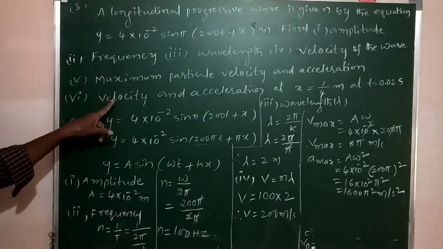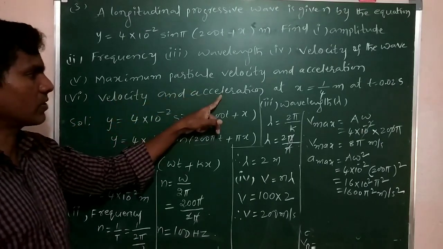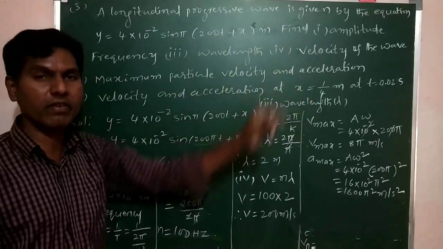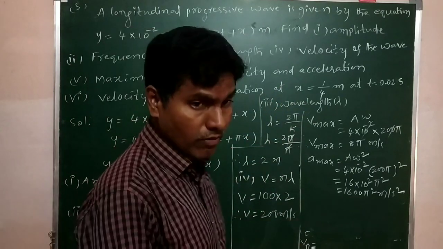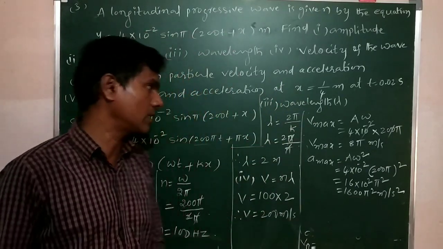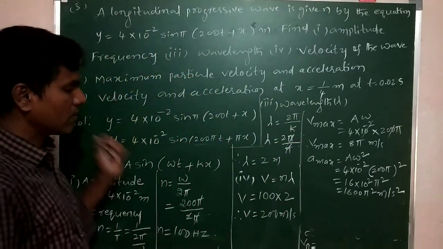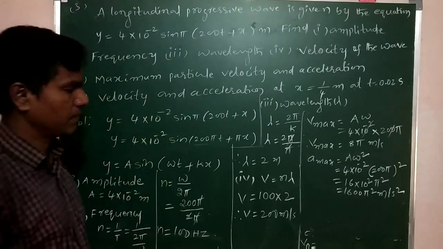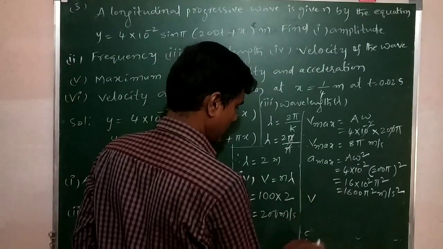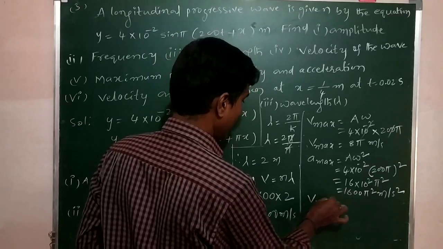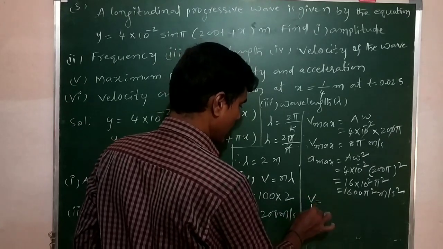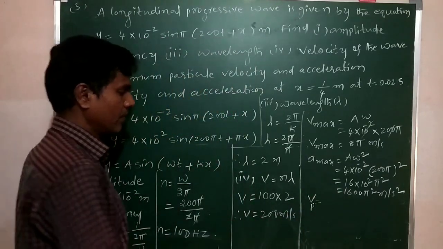Now the next one is velocity and acceleration at x equal to 1 by 4 meters at t equal to 0.02 seconds. So velocity, how to find out the velocity? This is velocity of the particles.